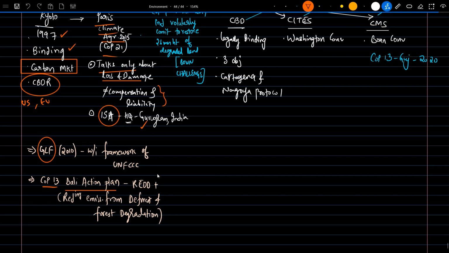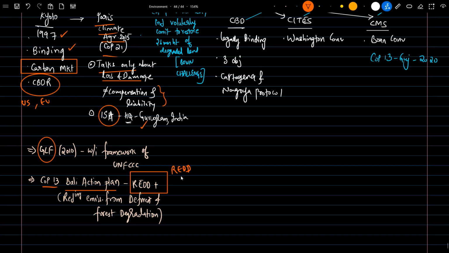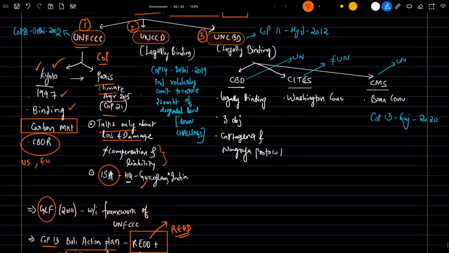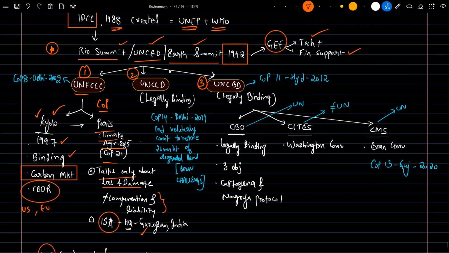It talks about REDD plus. What does REDD mean? It is reducing emissions from deforestation and forest degradation. Before REDD plus, there was a concept called REDD, which India did not attend and which had no significant relation to India, but India supported REDD plus. So this is about UNFCCC.